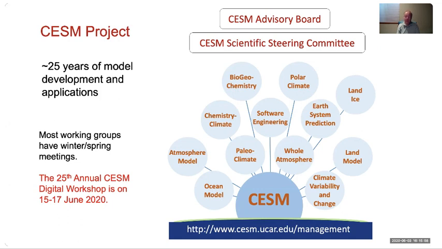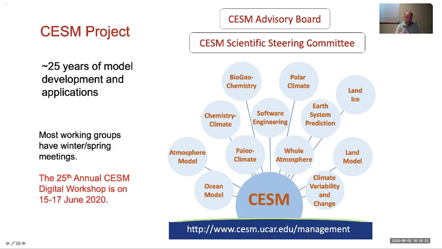As I said, community is quite important, and we have 12 working groups, and this Earth System Prediction is a very new working group. It was just formed a few months ago, and all of the ideas come from these working groups. And at the top, we have a scientific steering committee, and we have an advisory board.